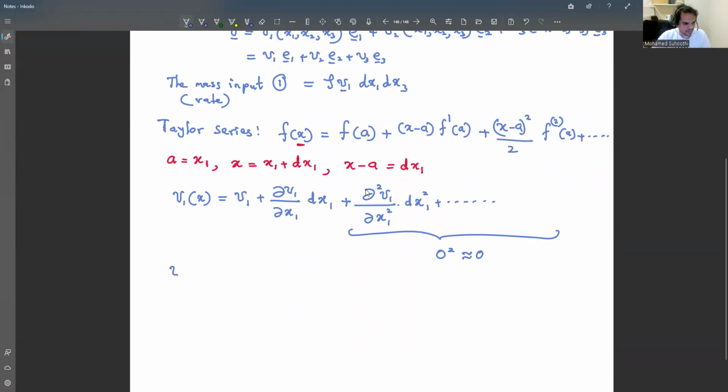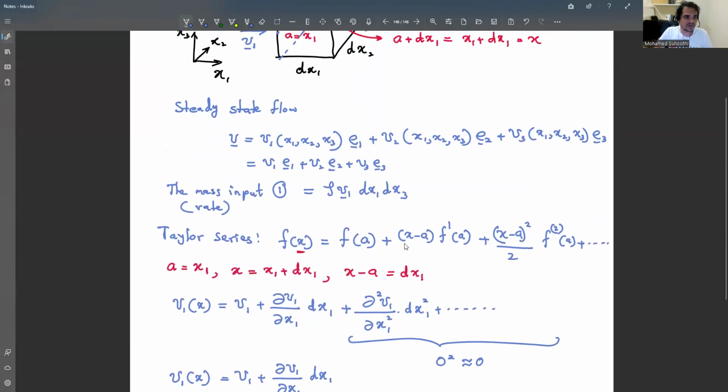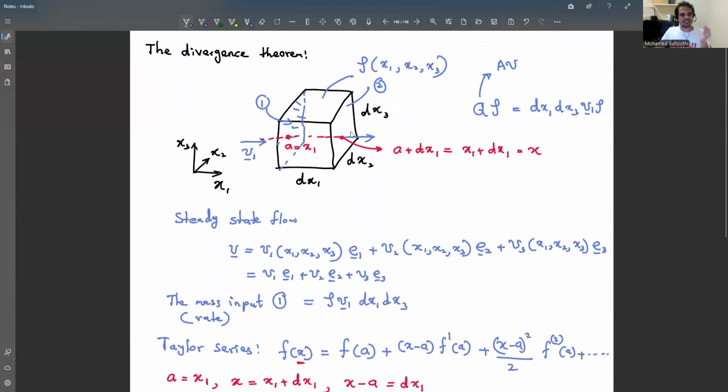So that means as per the Taylor series, the value at the point where I'm considering at x is v1 plus dou v1 over dou x1 dx1. Now this is the value at this point, right?